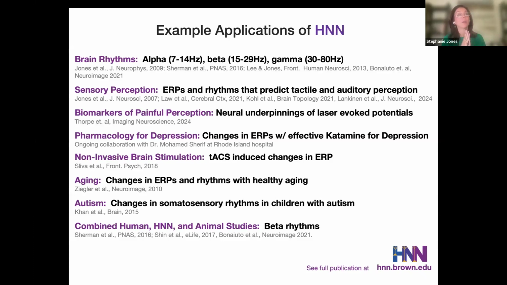Other groups are looking at pharmacology for depression. We published on non-invasive brain stimulation, changes in ERPs and rhythms with aging. Other groups have looked at changes in children with autism spectrum disorder. And we have a few studies where we've started to combine human imaging, HNN, and animal work to try to validate some of the predictions that are coming out of the model. You can see the full publication list on our website.